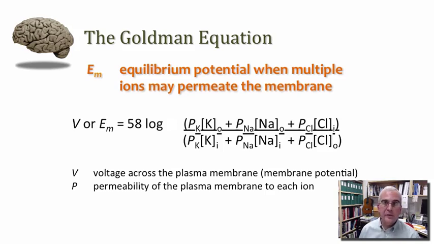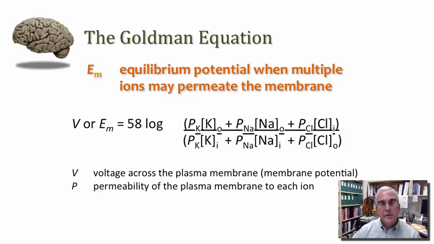So to keep the math simple, to keep the logarithmic functions aligned, we simply flip the ratio for chloride ions with inside over outside. Okay, well, with that said, we can use the Goldman equation to predict at any moment in time what is the membrane potential of a neuron that might vary in its permeability for any one of these three ions. And of course, this equation can be expanded to account for as many permeant ions as we like.